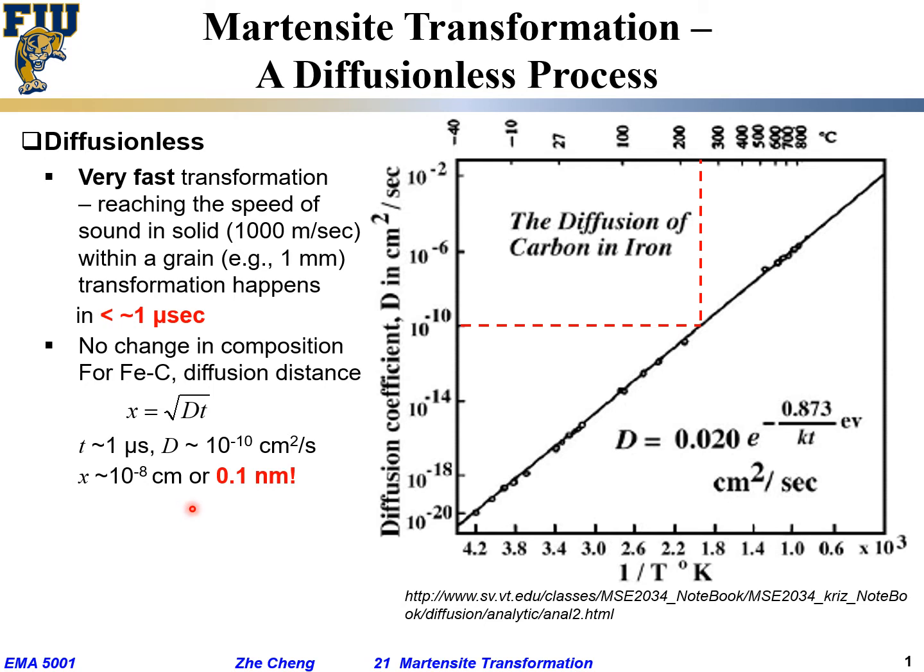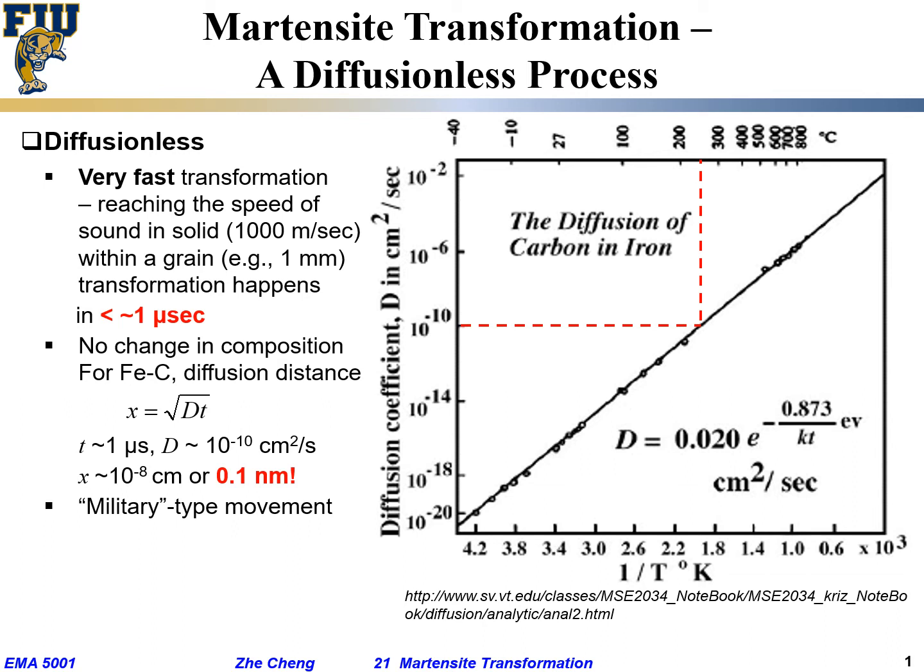If you do an estimate, 10 to the power of -10 times microsecond, which is 10 to the power of -6, so combined is 10 to the power of -16, and you take the square root, you get 10 to the power of -8 centimeter. That's how much?